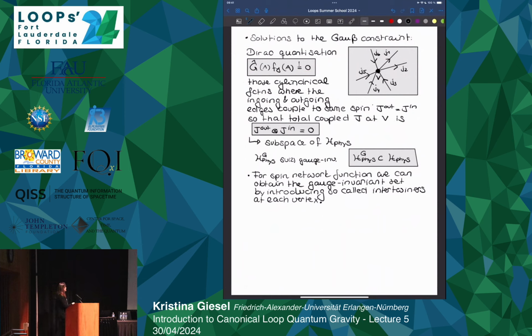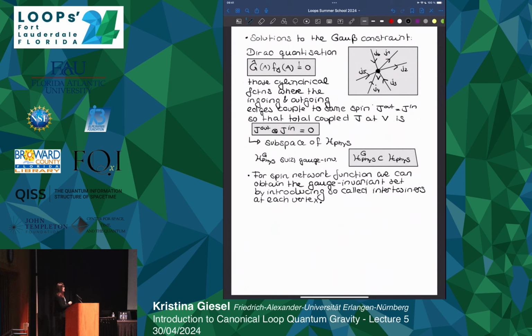And if this is the case, those two can couple to a vanishing spin, yeah? And if this is happening, then by construction this equation here is satisfied, which means we have to ensure that the spins which are attached to these edges couple to a resulting total spin 0. And this would then be a gauge invariant spin network or cylindrical function.